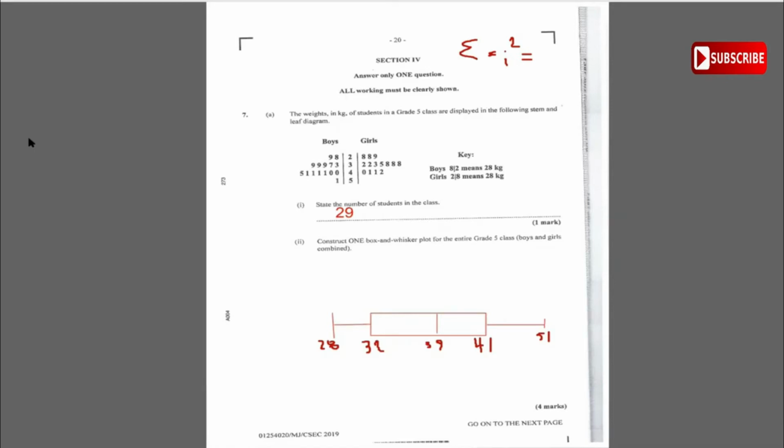That's a lot of 41 squared. That's 1, 2, 3, 4 of them.